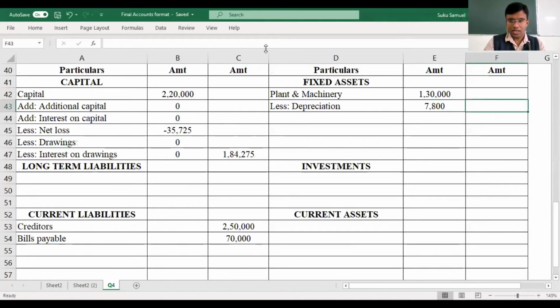So from 1,30,000, when you subtract 7,800, the net value of your plant and machinery is 1,22,000.